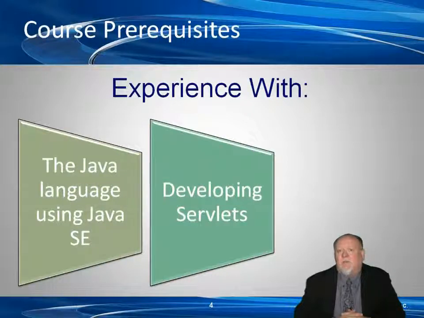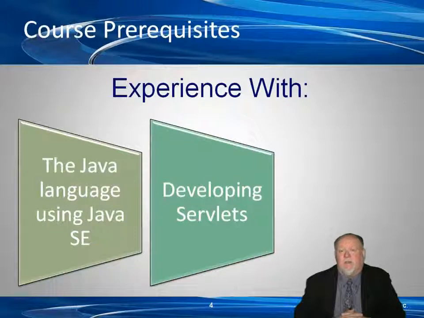So we would only have to extend the generic servlet and then overwrite or override the particular methods we're interested in. The problem with the generic servlet is that it is not optimized for any particular protocol. And more often than not, the protocol that we're going to be using is HTTP.